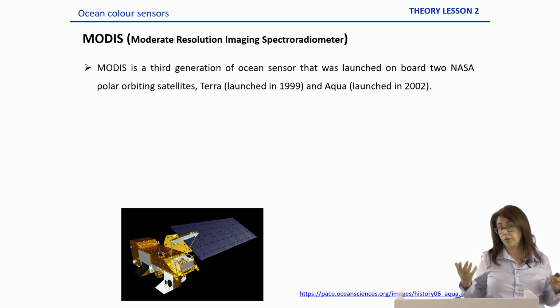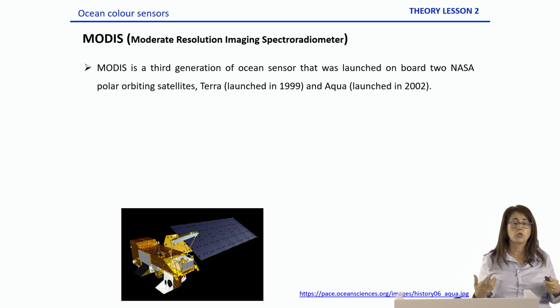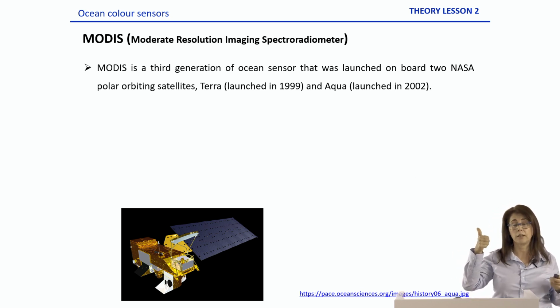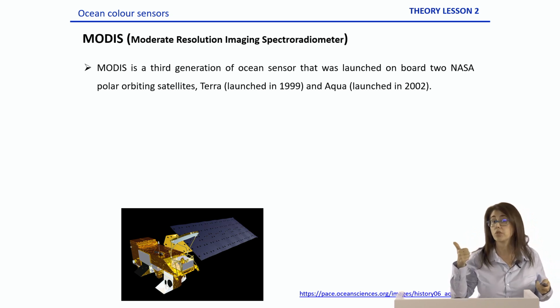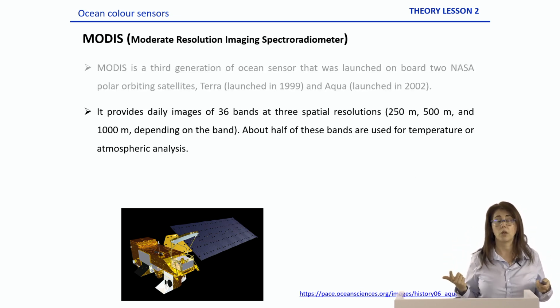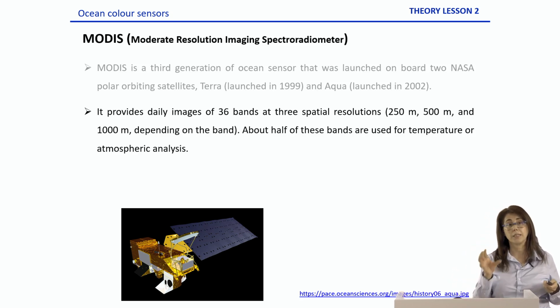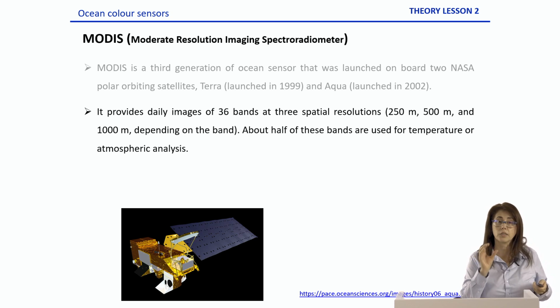MODIS is a third generation of ocean color sensors that was launched on board 2 NASA polar orbiting satellites, the satellite Terra, launched in 1999, and the satellite Aqua, launched in 2002. This sensor, MODIS, provides daily images at 36 bands with 3 spatial resolutions, 250 meters, 500 meters, or 1,000 meters, depending on the band.